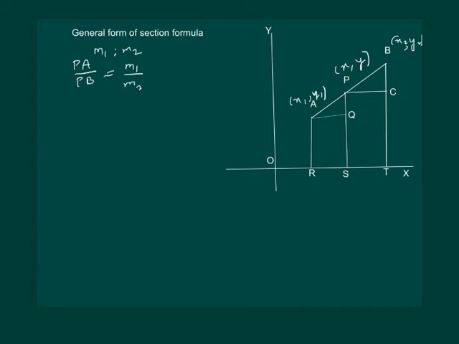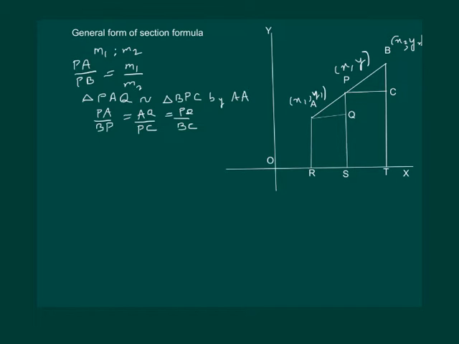Now triangle PAQ will be similar to triangle BPC by AA criteria, which we have discussed in the previous example. Therefore, we will have the ratios equal: PA by BP equal to AQ by PC equal to PQ by BC.